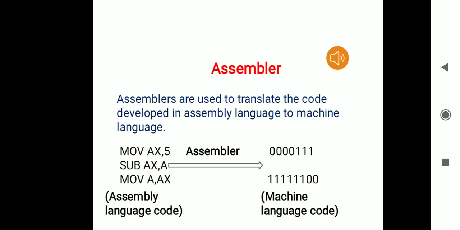So assembly language falls in between the high-level language and the machine language. Now let's start with the first language processor, which is the assembler. An assembler is that language processor which converts an assembly level language code into the machine language.